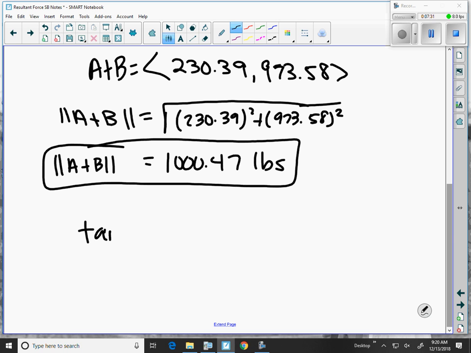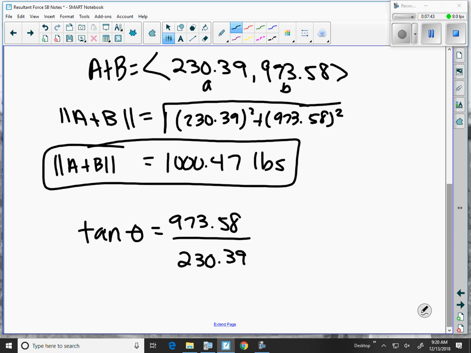And then for our angle, we do B over A. What quadrant are we in here? How do you know that we're in quadrant 1? Positive, positive. So when we do our angle, we don't need to add anything to it because we're in quadrant 1. When we do it, do we just do regular tangent or inverse tangent? Inverse tangent of our fraction. Do you want me to show you that one as well?